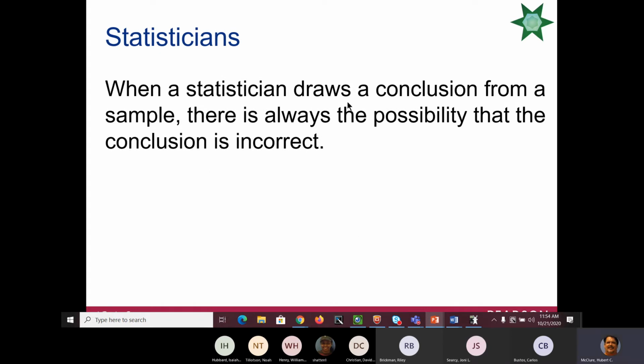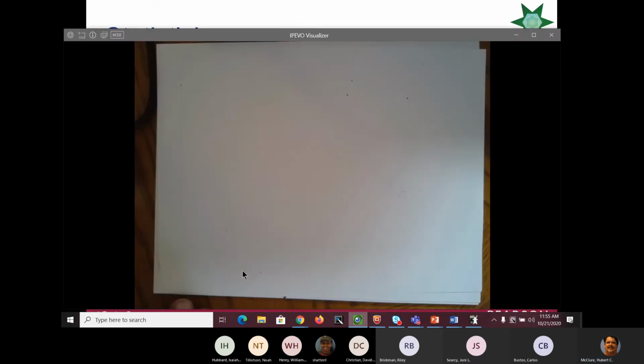When a statistician draws a conclusion from a sample, there is always the possibility that, as Mark Twain always said, I'm going to pull it up so that way you can see that he said it. I'm not making it up.